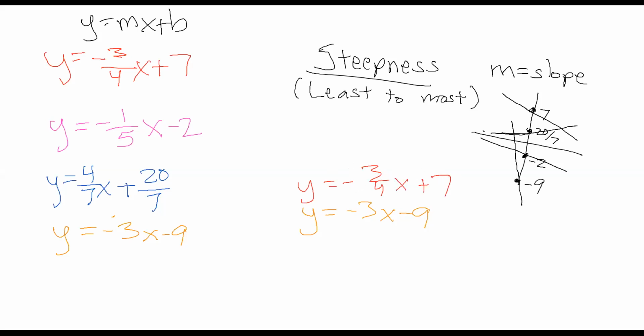And then after that, we would have the 4/7 as the next steepest, because it's a little over half. And then our least steep is going to be 0.2. So y equals negative 1/5 x minus 2.